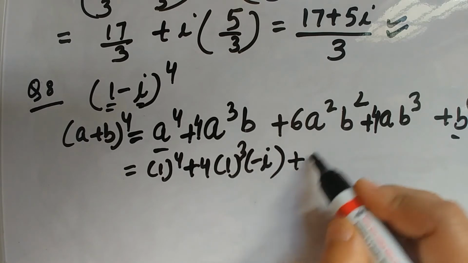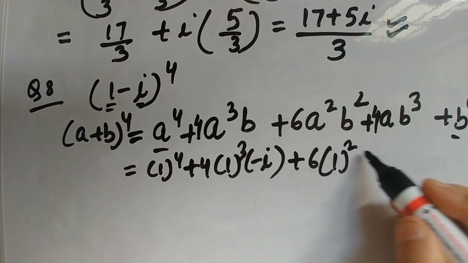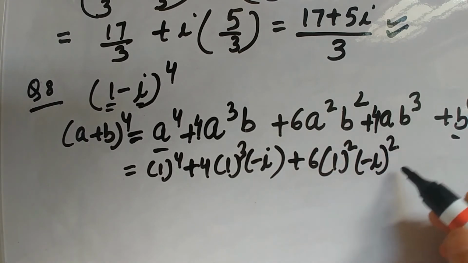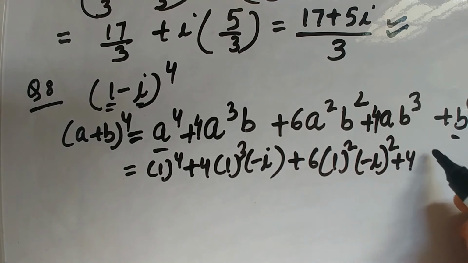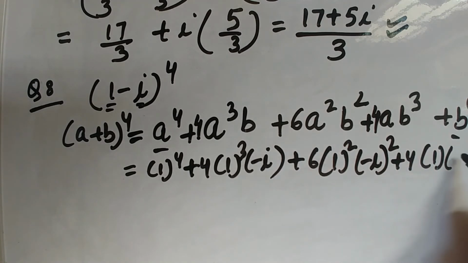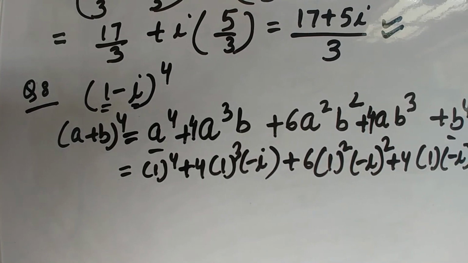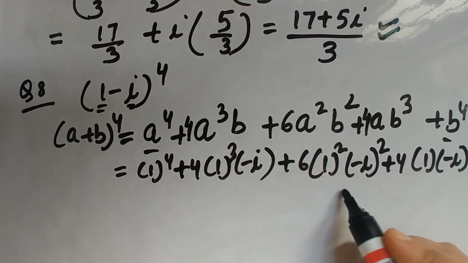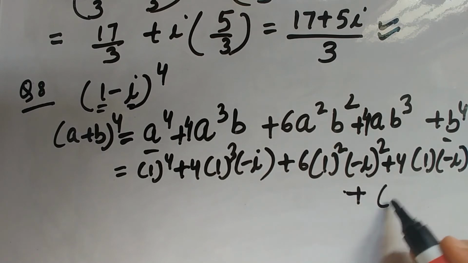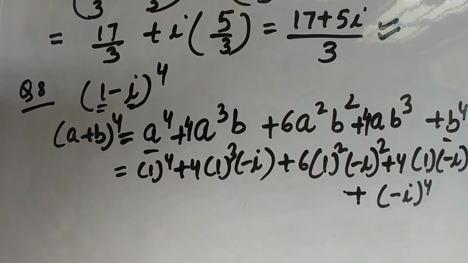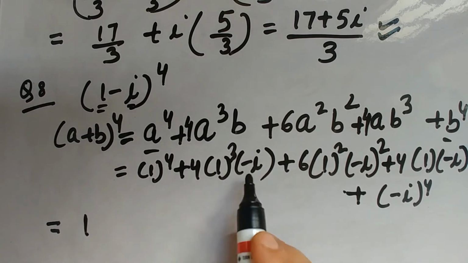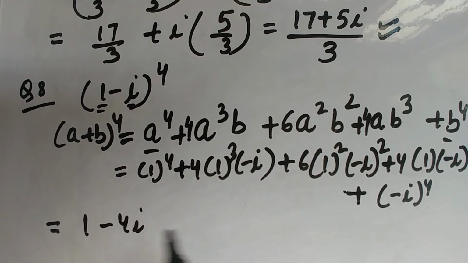Okay, plus 6 a square b square plus 4 a b cube, okay, b cube and plus your b raised to power 4, okay. So it is your, this is 1, okay, and it is your minus 4 iota.